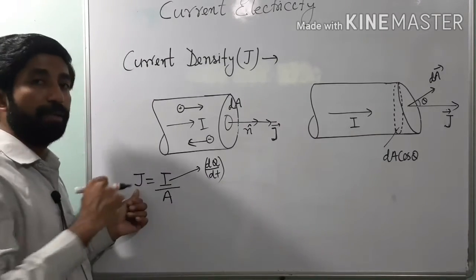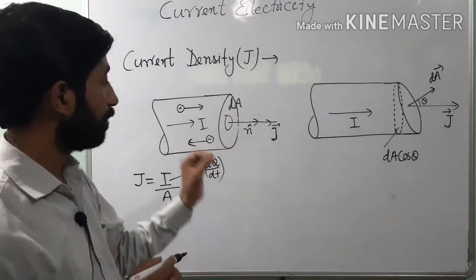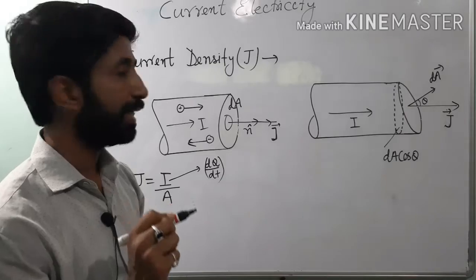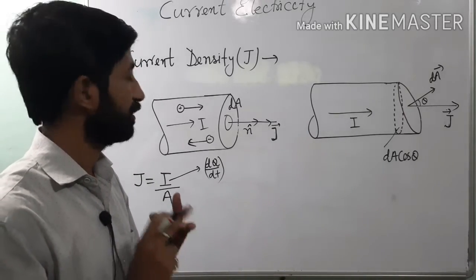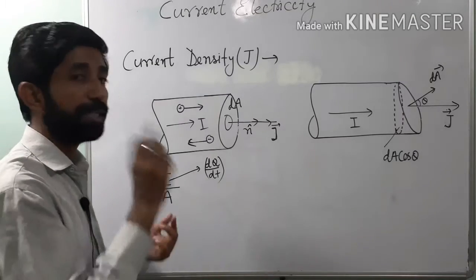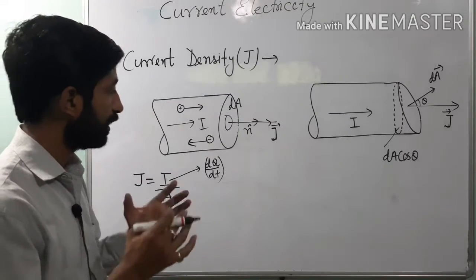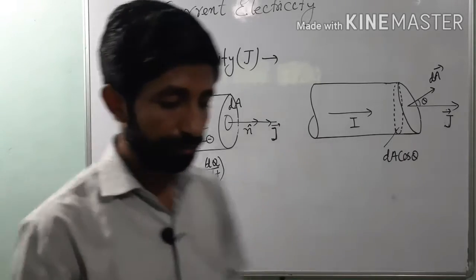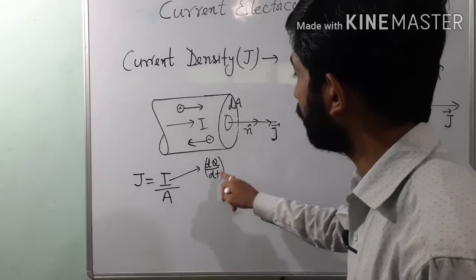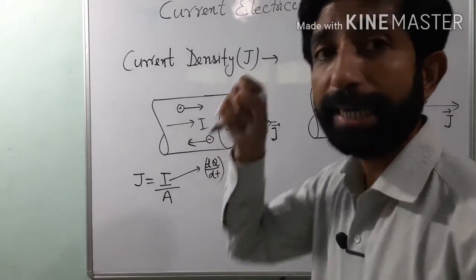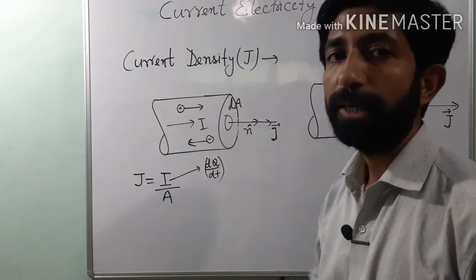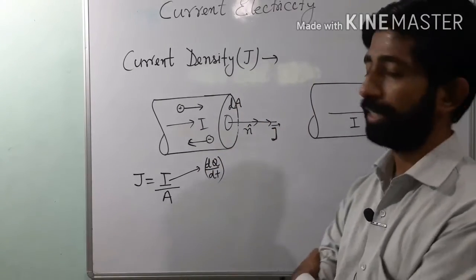So J is defined as the amount of charge flowing through a particular area in a particular time, but per unit area of that region, or in terms of the new language we can say that this is the charge flowing per unit time, per unit area held, and that area should be held perpendicular to the direction of current.